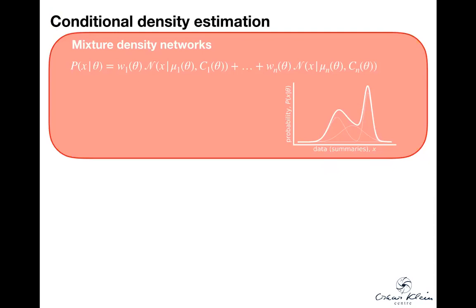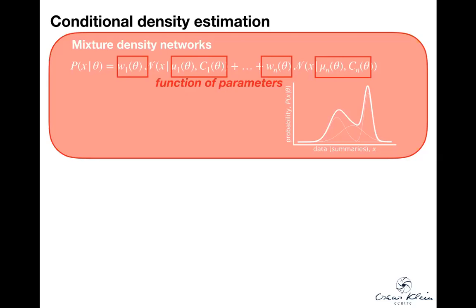These are quite simple models really, where we model the sampling distribution of the summaries conditioned on the data as a mixture model, for example, a mixture of Gaussians, but it could be any mixture model you like, where the weights and the means and the covariances, or whatever mixture component parameters you have, are functions of the parameters that you need to parameterize somehow.